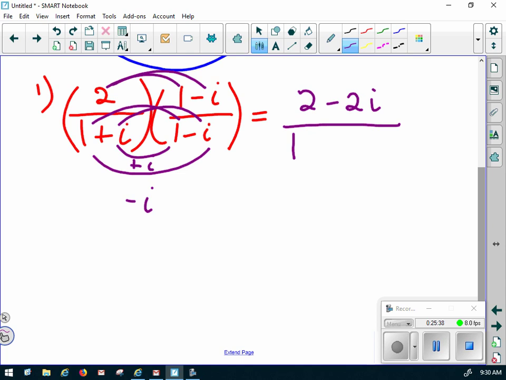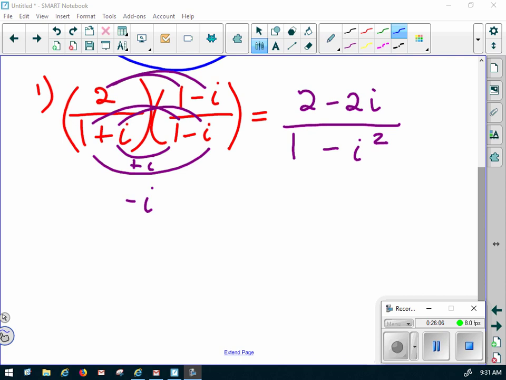What's plus or minus? So, let's talk about that denominator. This is 1 minus negative 1.